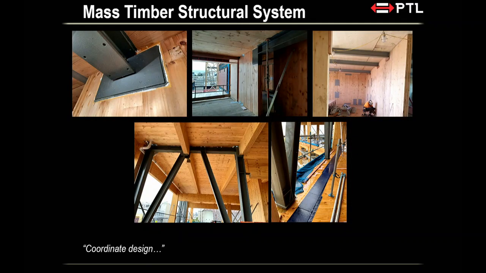It becomes more complicated when you start putting things together. For example, you will have a CLT floor sitting on a steel beam. The steel beam will have an end plate that is fixed into a CLT wall. As part of your seismic design, you might have a lateral restraint system.